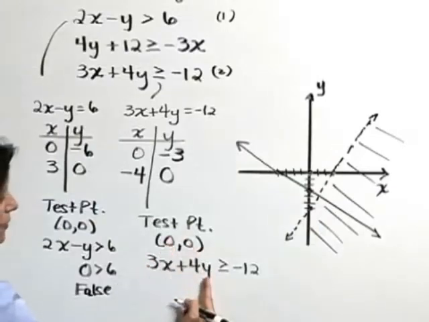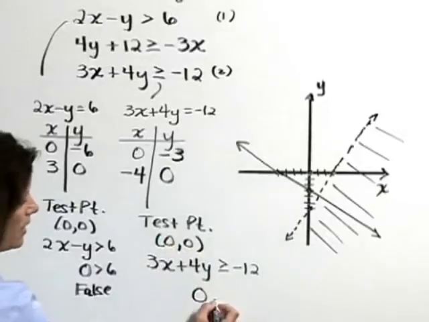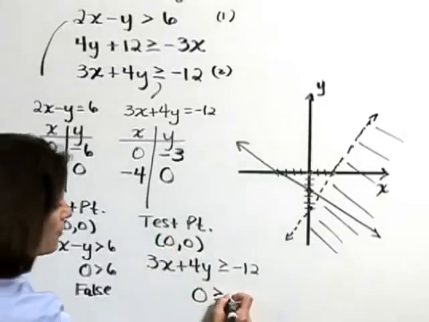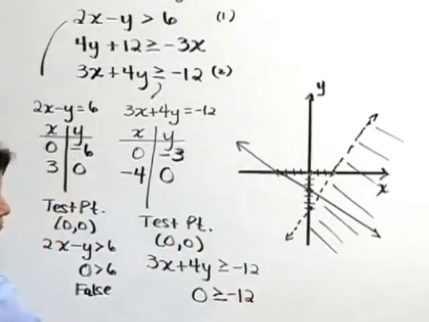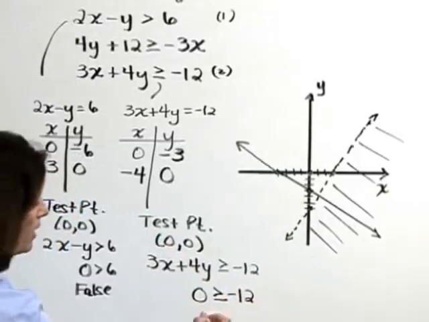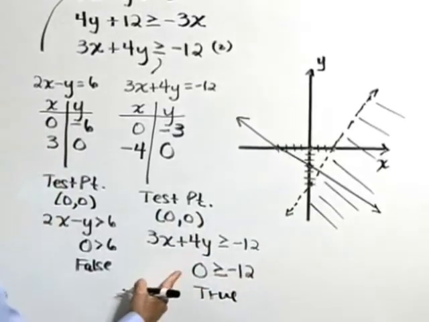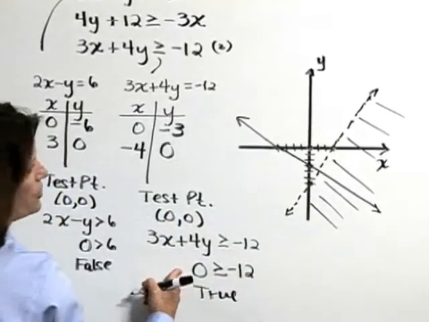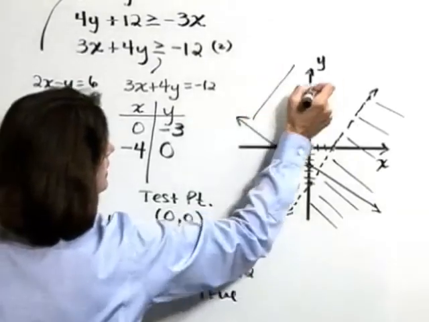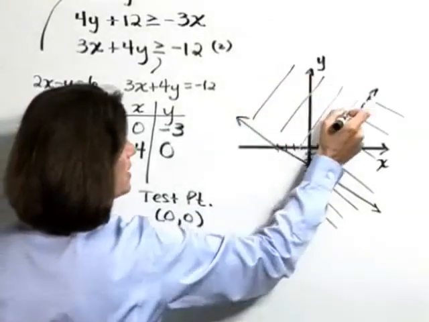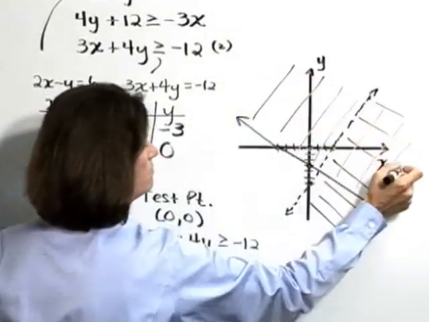Substituting 0 for x and 0 for y gives 0 on the left-hand side, and is 0 greater than or equal to negative 12? Yes, 0 lies to the right of negative 12 on the number line, so that statement is true. Therefore, the origin is in the solution region for our second inequality. Therefore, we'll shade above that line.